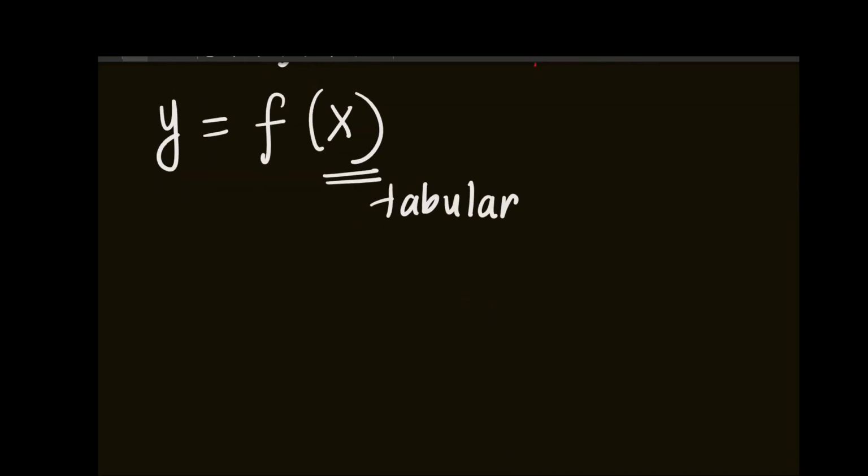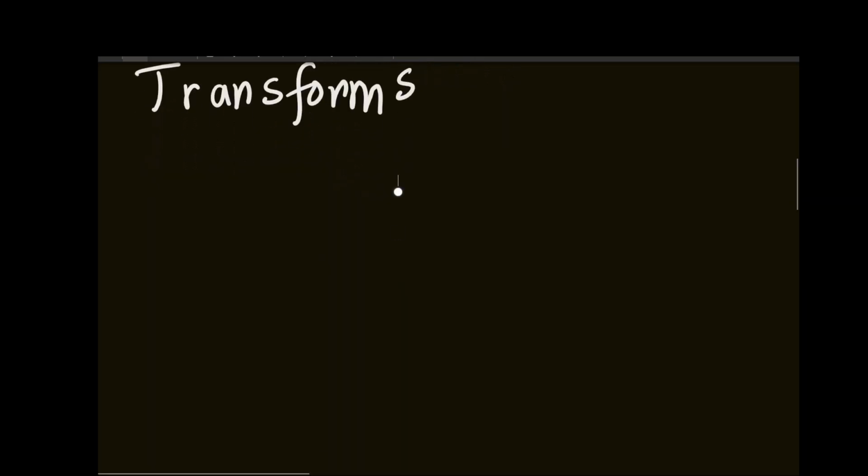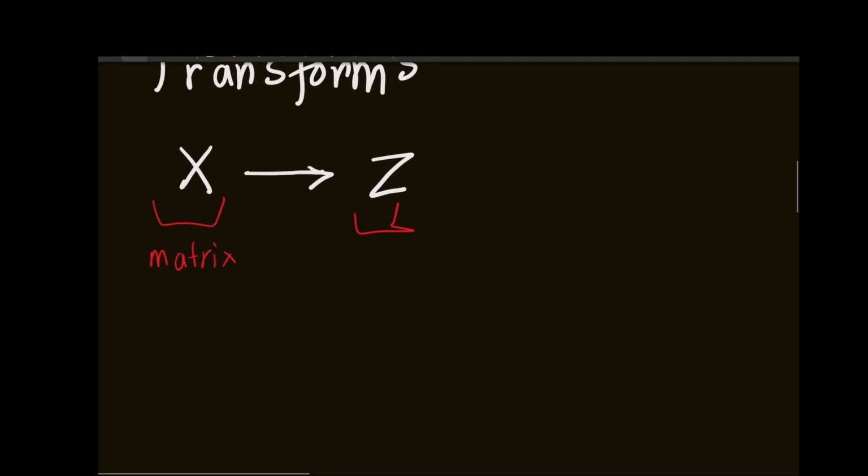So instead, what we want to do is come up with transforms which convert a tabular dataset x to an image z. I'm just going to write this as a matrix, and this is an image.